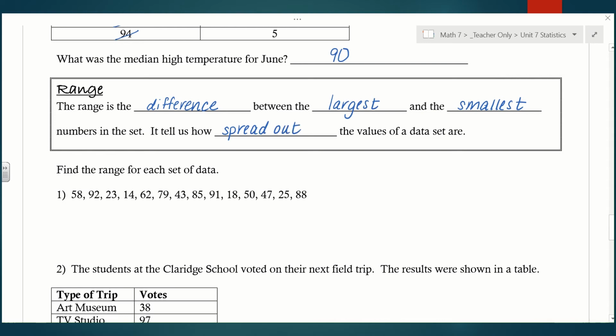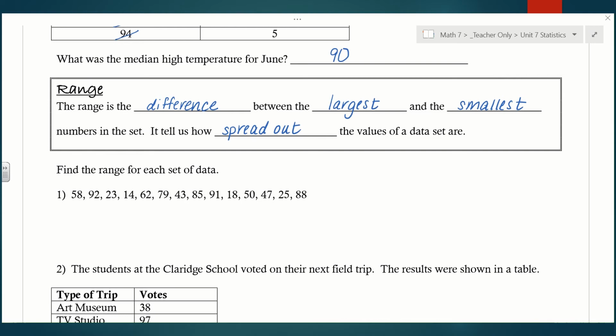So what I mean by that is if you get a really big range, that means that your data values are very inconsistent or very spread out. So for example, if I asked you the ages of all your cousins, and I know this is true in my family, I have some cousins who are 2 years old, and then I have some cousins who are in their 40s.